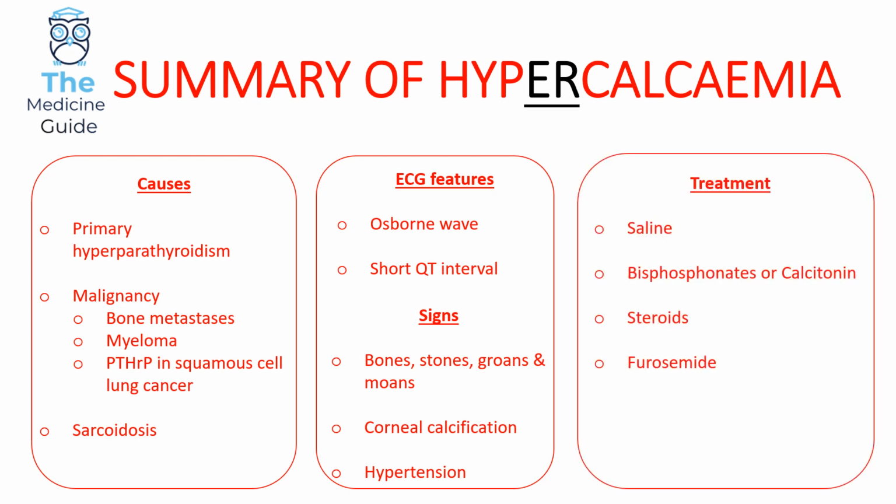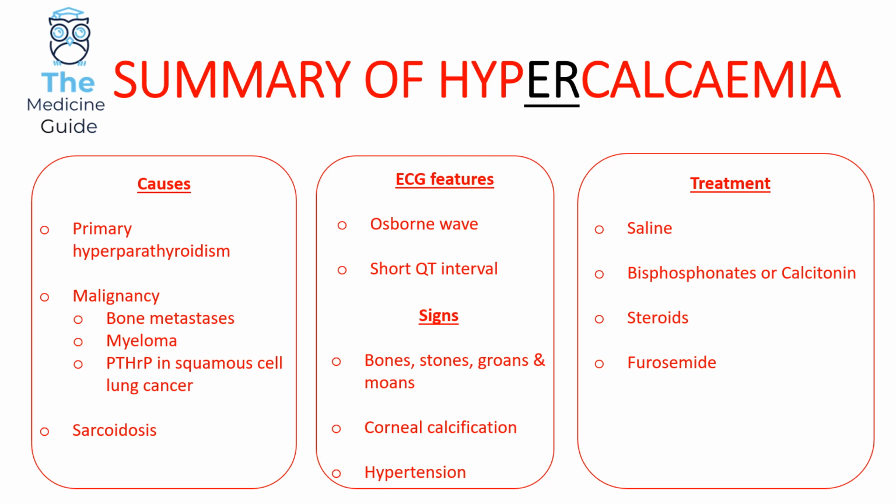And in terms of treatment for hypercalcemia, patients are offered saline, and that's really for rehydration. And after rehydrating the patients with saline, we offer bisphosphonates, or we can offer calcitonin. Now, calcitonin works far more quickly than bisphosphonates. So after rehydration with saline, giving the patients bisphosphonates or calcitonin, we can give patients steroids if the hypercalcemia was due to sarcoidosis.